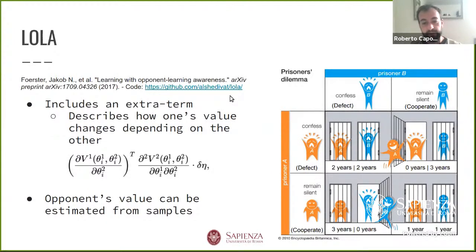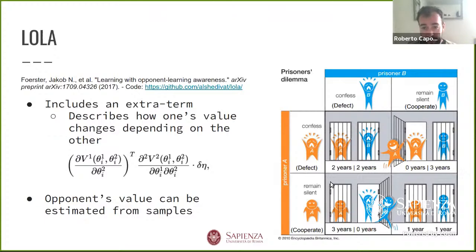I don't know if you're familiar with that, but basically we have two prisoners, each of whom can either confess or remain silent. If they remain silent, they cooperate with each other. But if they confess, they are defecting.